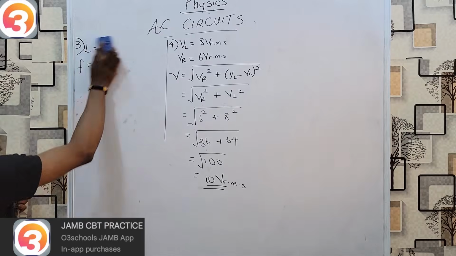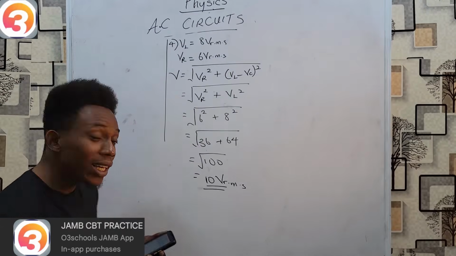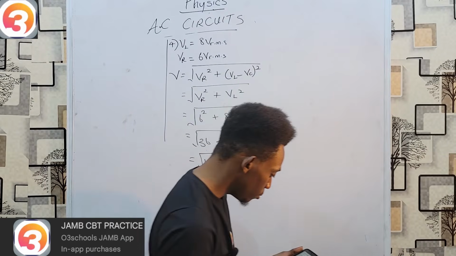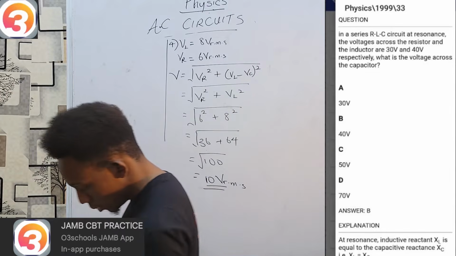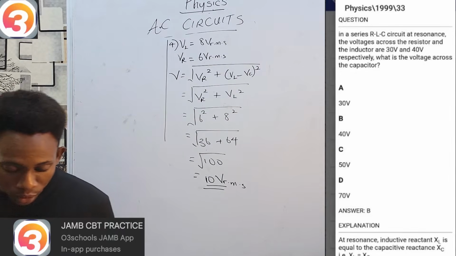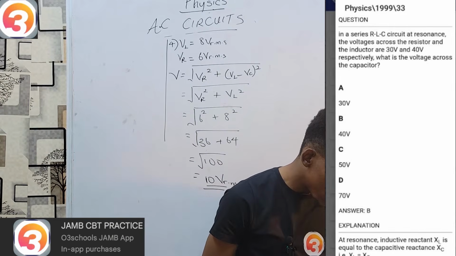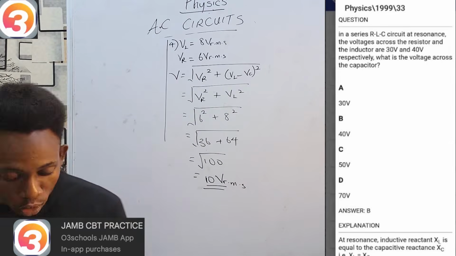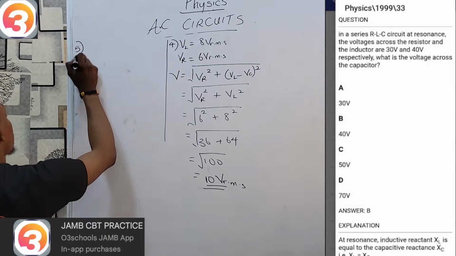All right. Question number 5, or in this case, gotten from the year 1999, question number 3. We are told, in a series RLC circuit at resonance, the voltage across the resistor and the inductor are 30 and 40 volts respectively.